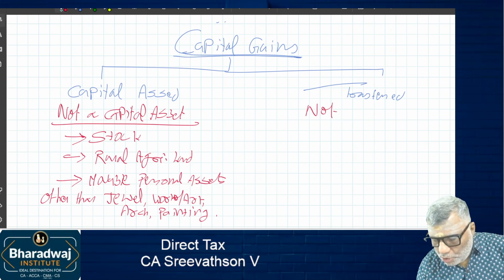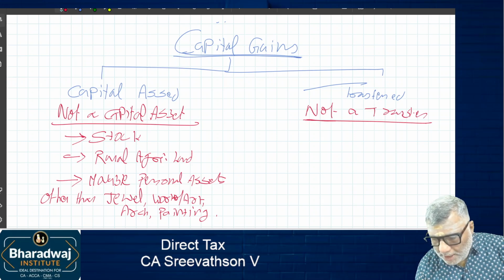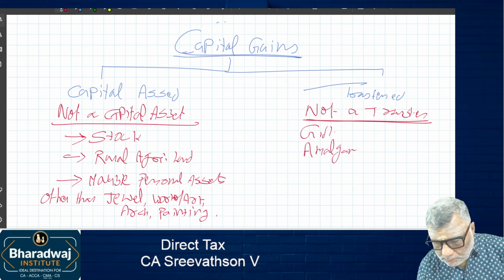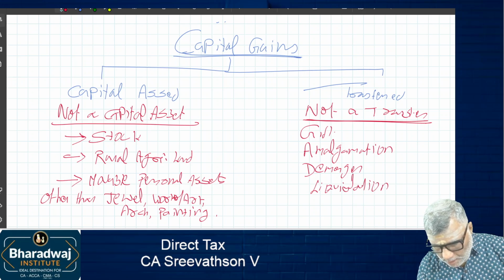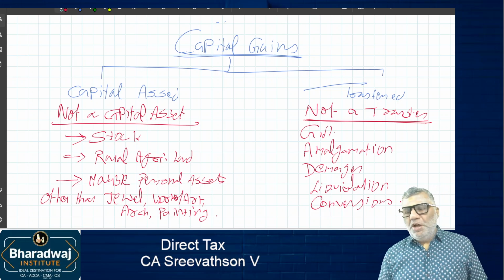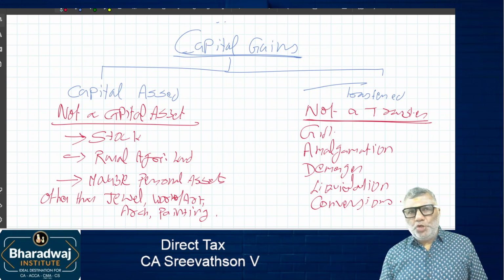And there are some things known as not a transfer, which are nothing but gift, amalgamation, demerger, liquidation, conversions, all conversions, even debentures into preference shares into equity shares, firm into company, company into LLP, sole proprietor into company.